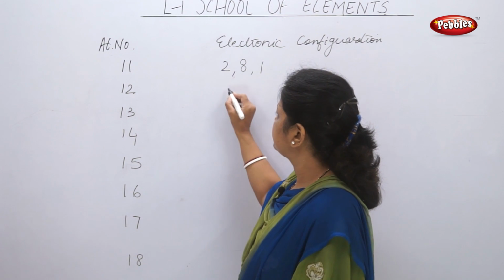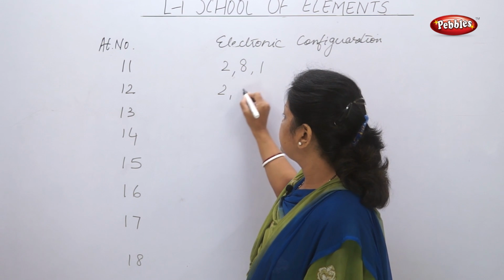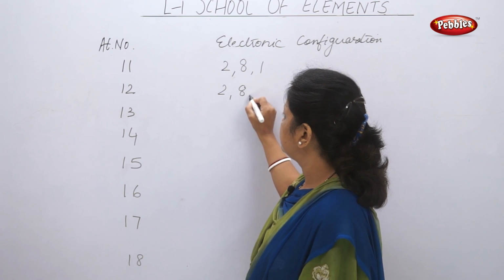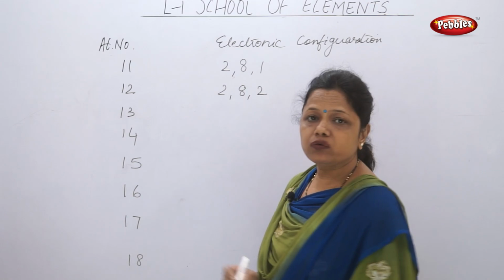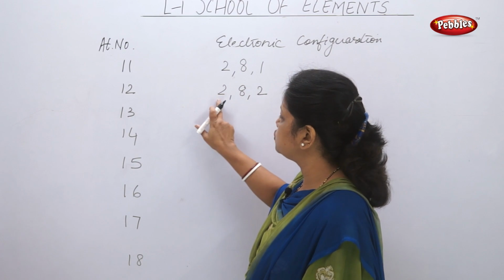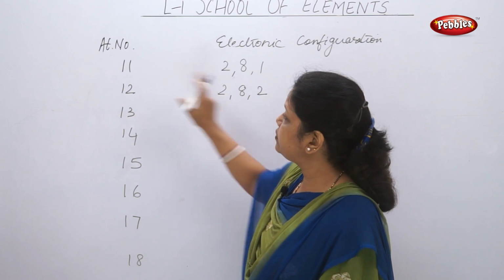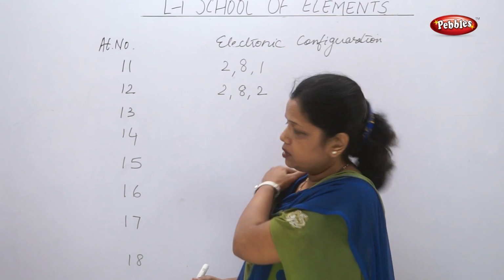For 12, maximum 2 in the first, the maximum 8 in the second, and then the last one left over is 2. So 2 plus 8 plus 2 is 10 plus 2, 12. You have to check along with me whether we are getting the same number or not.